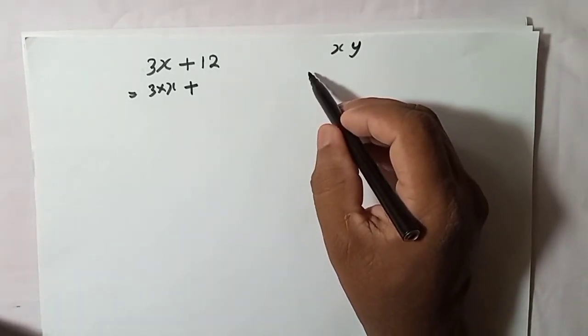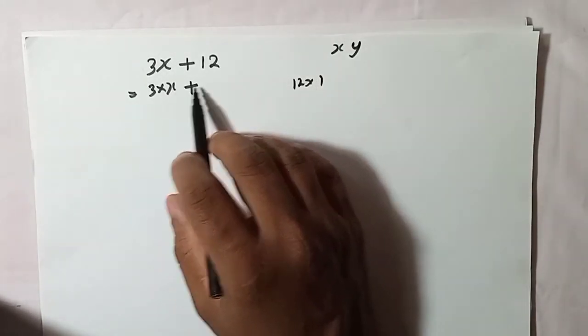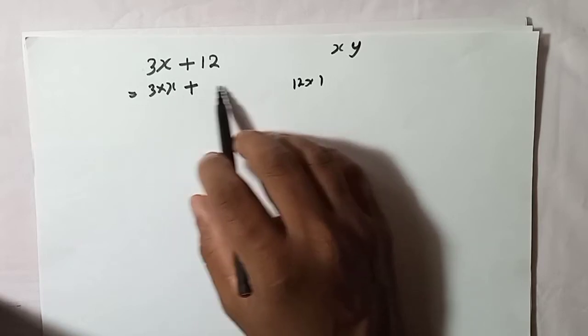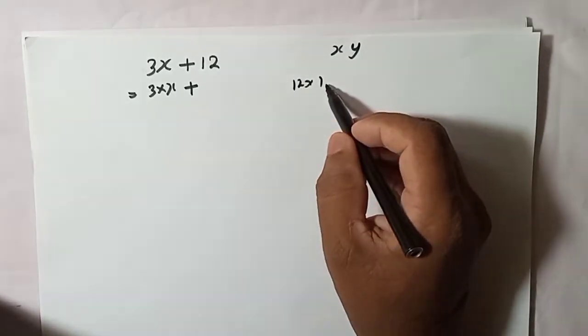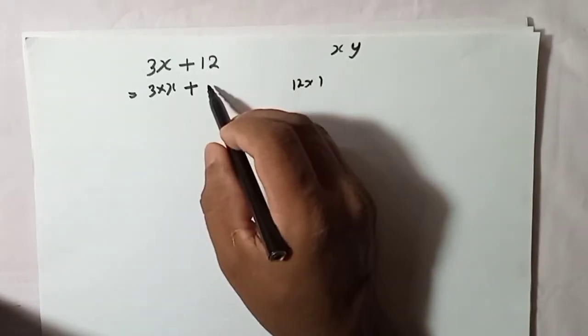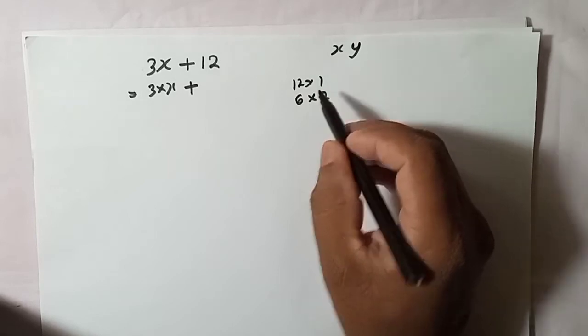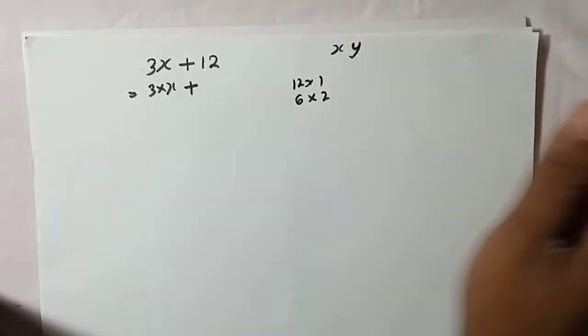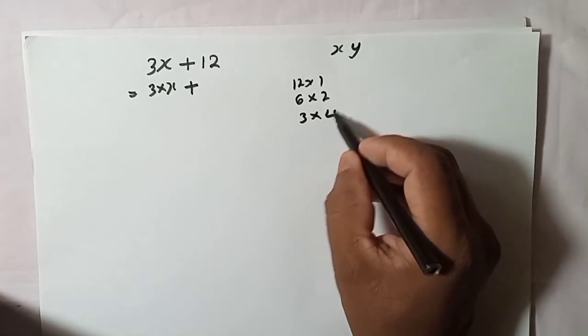For example, I can write 12 into 1, but I need something common in this term and this term, and there's nothing common. Another way is 6 into 2, and again there's nothing common. But I can write 3 into 4.